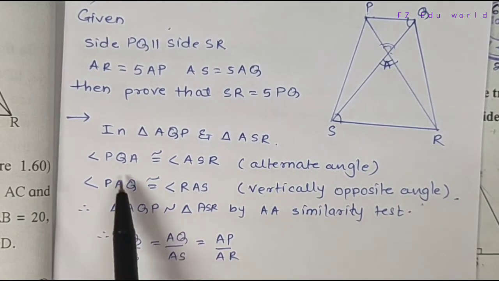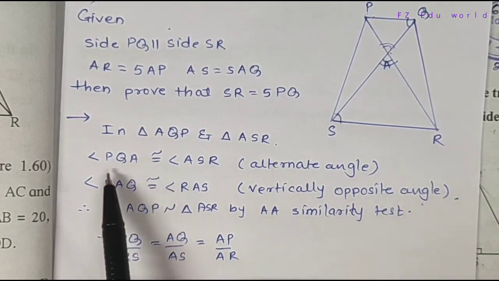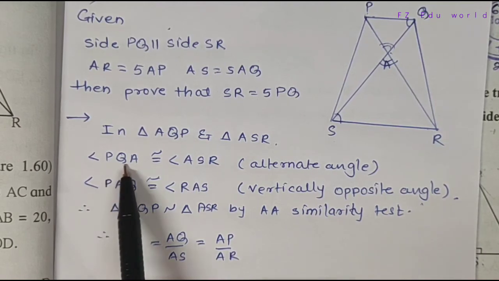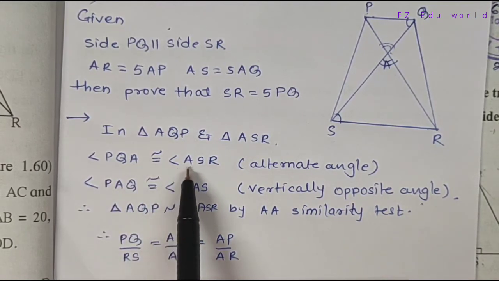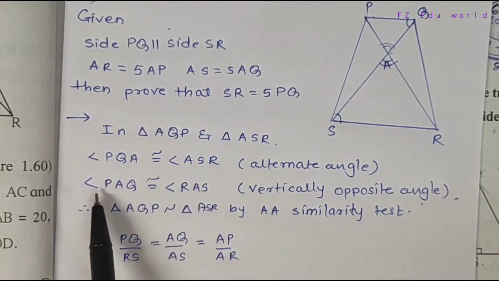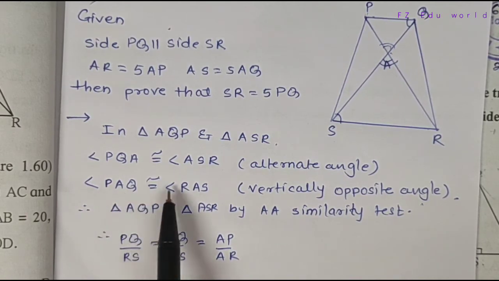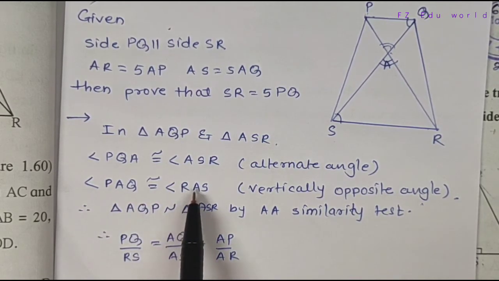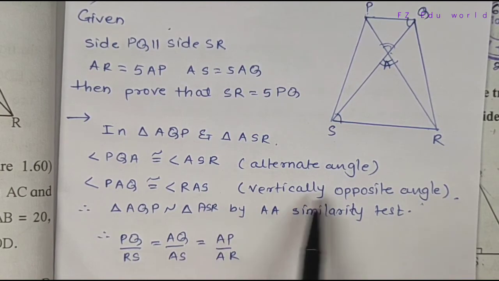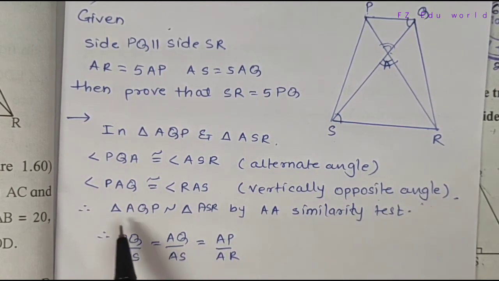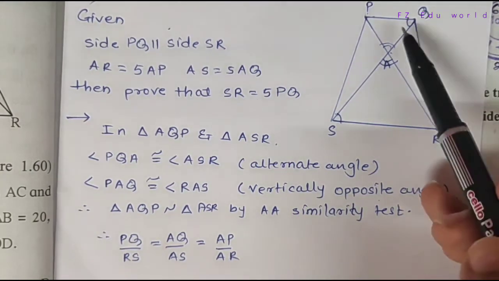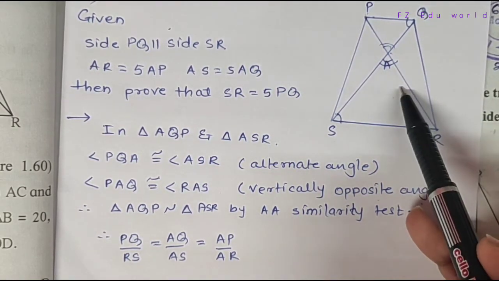So we write: angle PQA is congruent to angle ASR, alternate angles; angle PAQ is congruent to angle RAS, vertically opposite angles. Therefore, by AA test of similarity, these two triangles are similar.